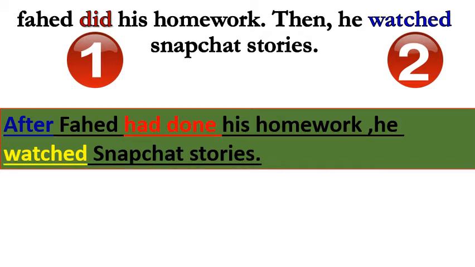After Fahd had done his homework, he watched Snapchat stories. After Fahd had done his homework, we put the first action in the past perfect. Then we put the second action in the past simple, and we used after at the beginning of the sentence.